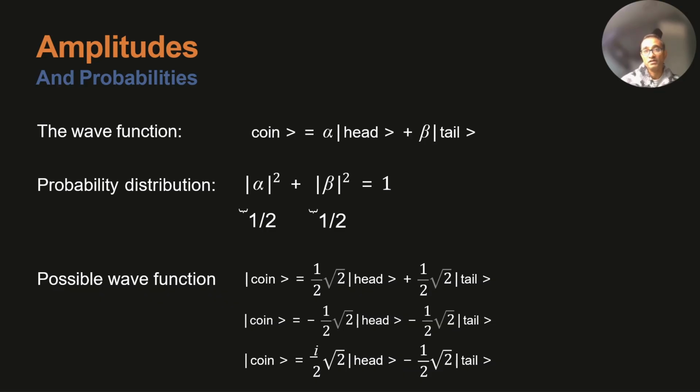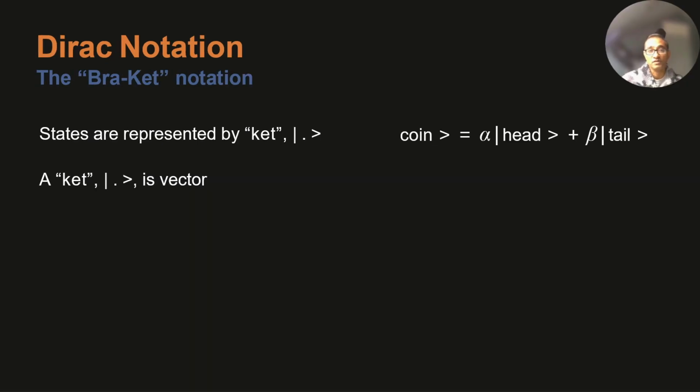We do not care much about it as long as it follows the principle that the amplitude squares should add up to 1 and the base states are representing the quantum state. The thing that you also have to remember is that the base states have to be orthogonal. That is something we will also see in a couple of slides later.